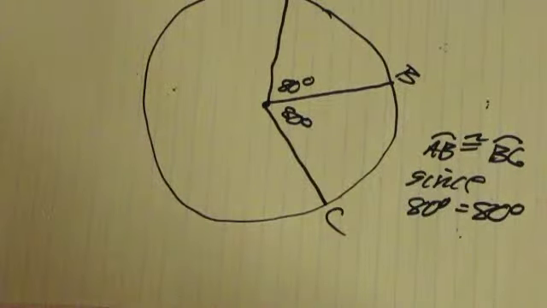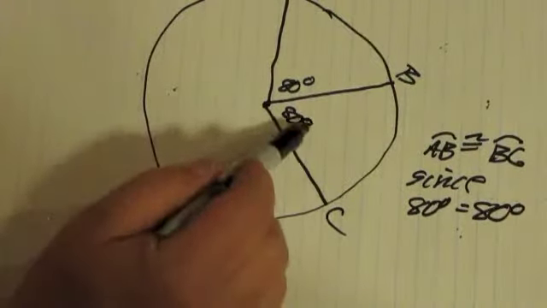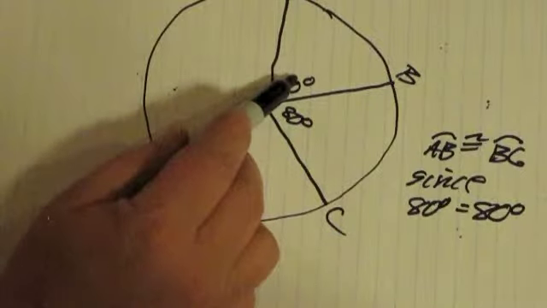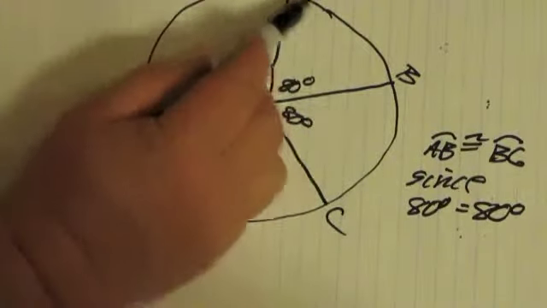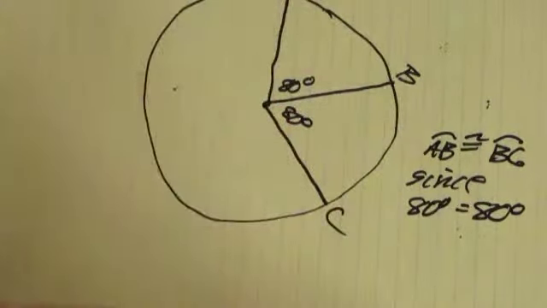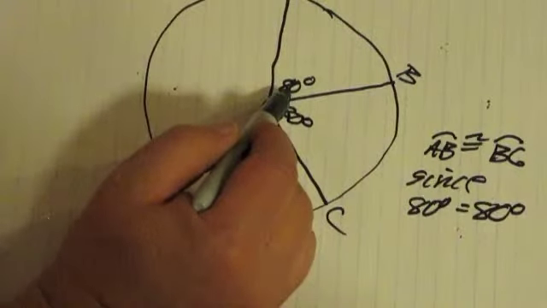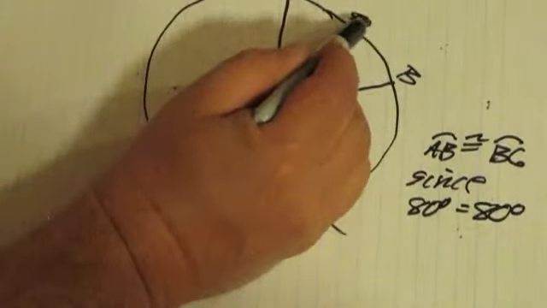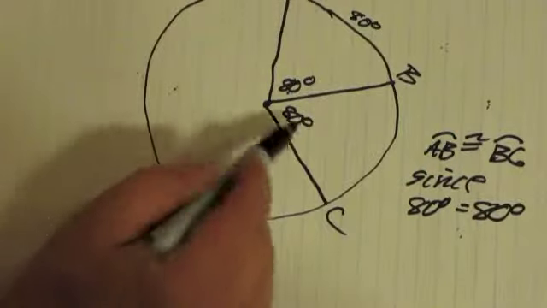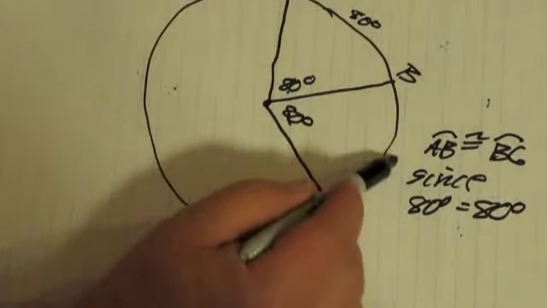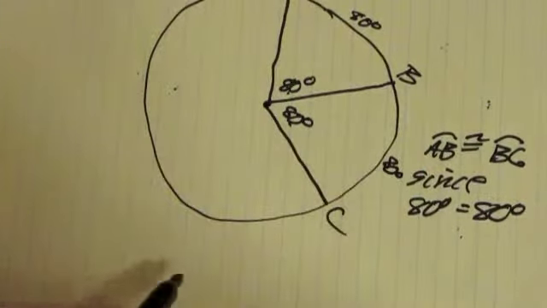The next thing that we want to do is add these angles to get 160 degrees. So what does that mean about the arcs? It turns out we can add the arcs as well. If this angle is 80 degrees, then this arc is also 80 degrees. If this angle is 80 degrees, then this arc is 80 degrees.